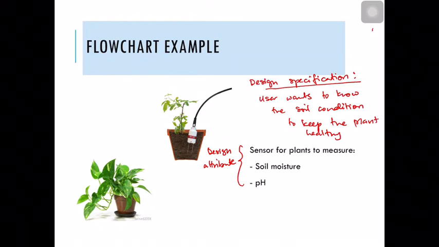And then you have to have the design characteristic. So you have to know what is the pH and what is the value or the numbers. So for here, you use a sensor to measure the pH, and you have to know what pH is suitable for plants.